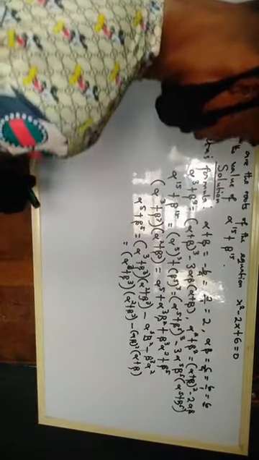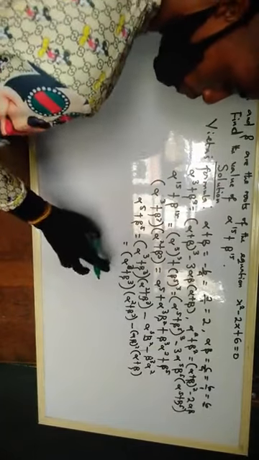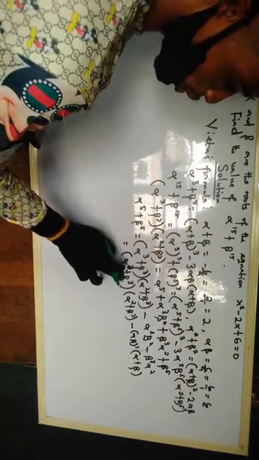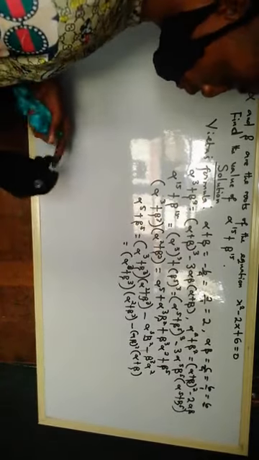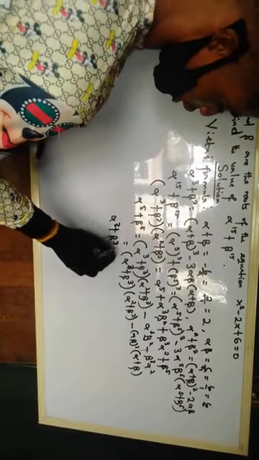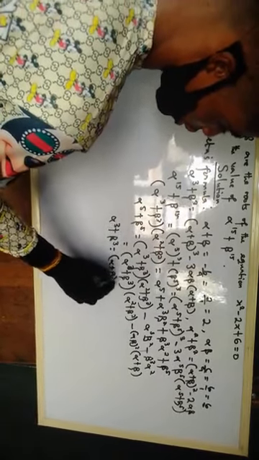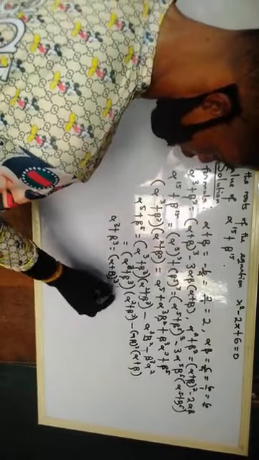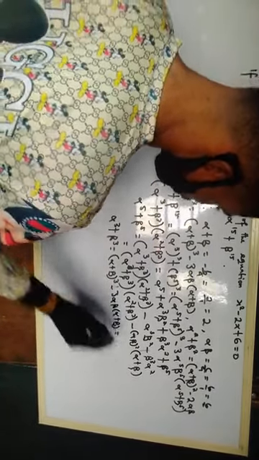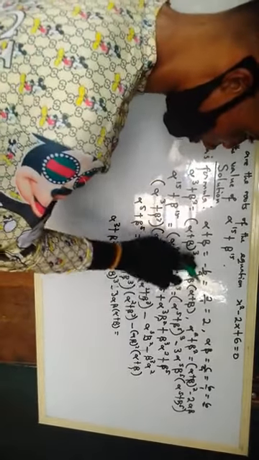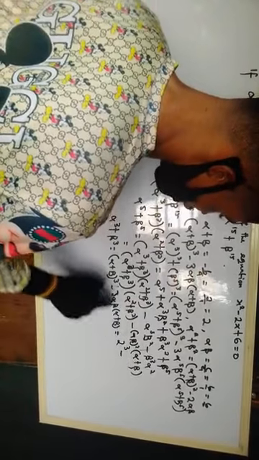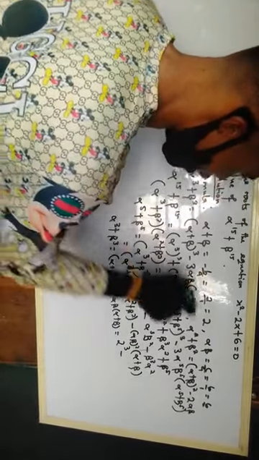Okay. Now, our next step is to find the value of α^3 + β^3, which is going to be very simple. Since we know that α^3 + β^3 is equal to (α + β)^3 minus 3αβ(α + β). So putting the values, α + β is 2. So we have 2^3 minus 3 times αβ, and αβ is 6.